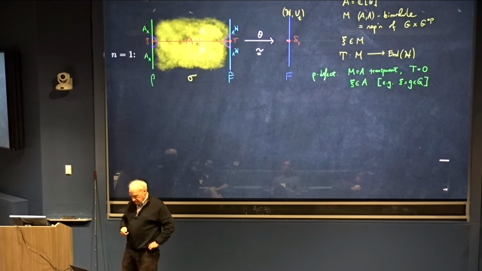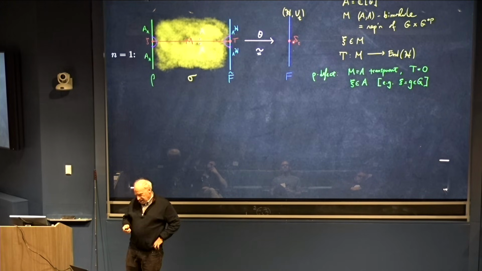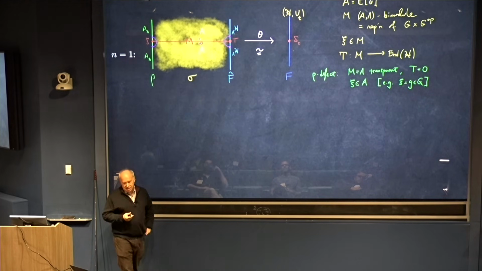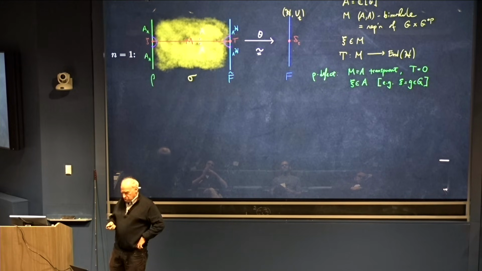That's what goes here. So what's pictured is a point defect, which is usually called an observable in quantum mechanics. And what does it look like in the sandwich picture? Well, it's a defect which runs across like this in general. And that defect is supported on this closed interval. So in the middle, the defect is given by a bimodule for the algebra A, for the group algebra.